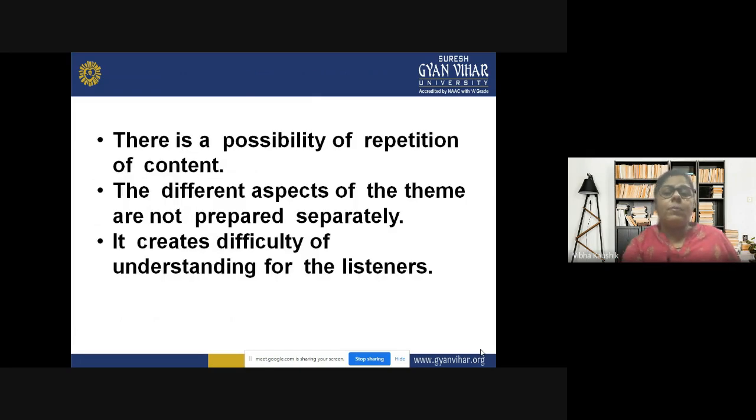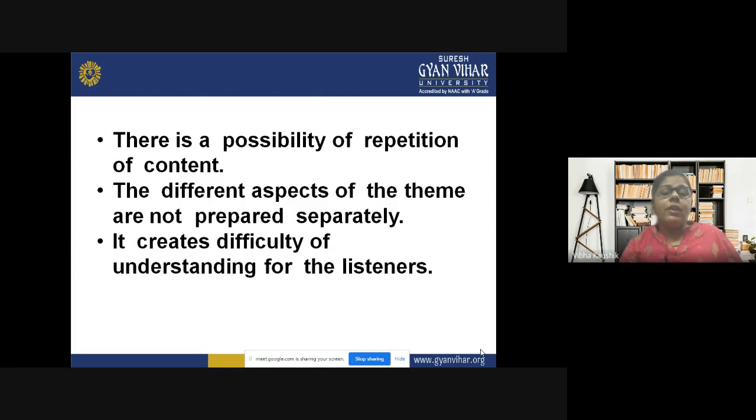There is a possibility of repetition of content. The different aspects of the theme on which the speakers, the keynote speakers, have to give their viewpoints are not prepared separately.